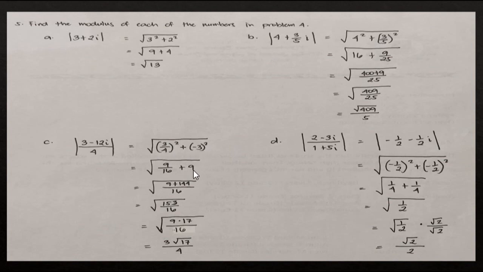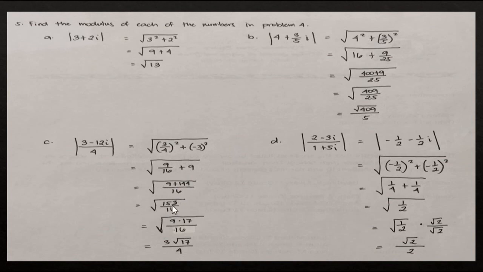Negative 3 squared is positive 9. So, we get the LCD since fraction man ni, then add na siya. So, 16 na tong LCD. 16 divide 16 is 1 times 9 is 9. 16 divide 1 is 16 times 9, that is 144. So, 9 plus 144, that is 153 all over 16.